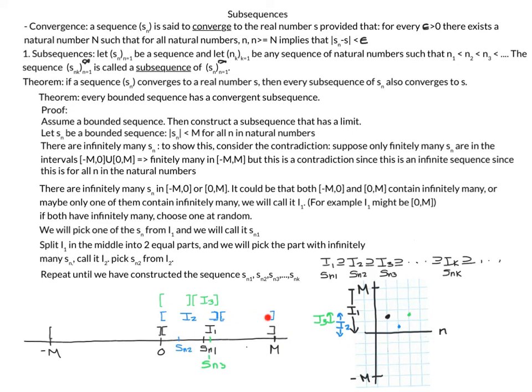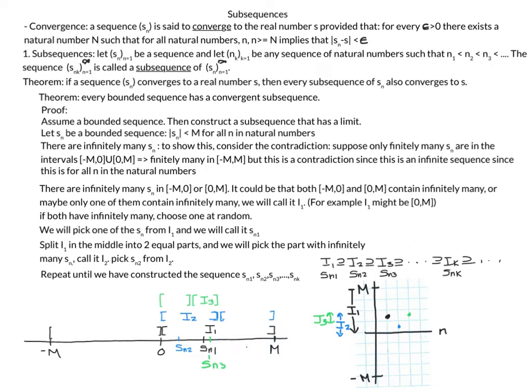Then for I2, remember I2 is half of I1, and in this case it's the lower half of I1, and I chose something a little bit less than half. So here it is, more or less. The blue dot is Sn2.